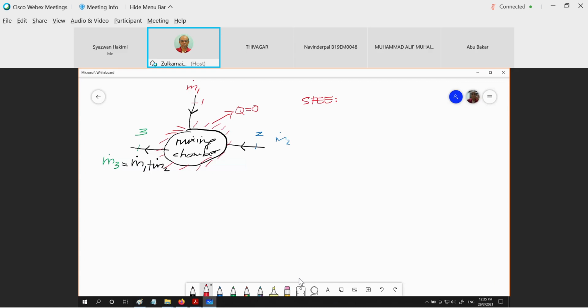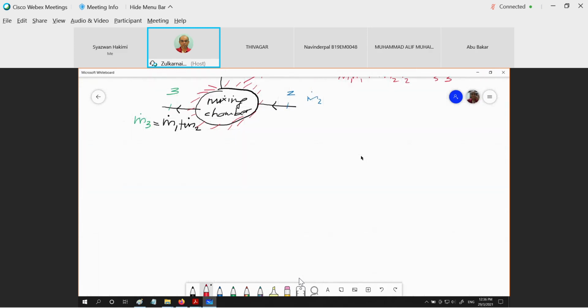So if we write down this energy balance, we have m dot 1 H1 plus m dot 2 H2 equal to m dot 3 H3. These are the energy balance equations for this mixing chamber. This is just a recap of what we have learned in thermodynamics.